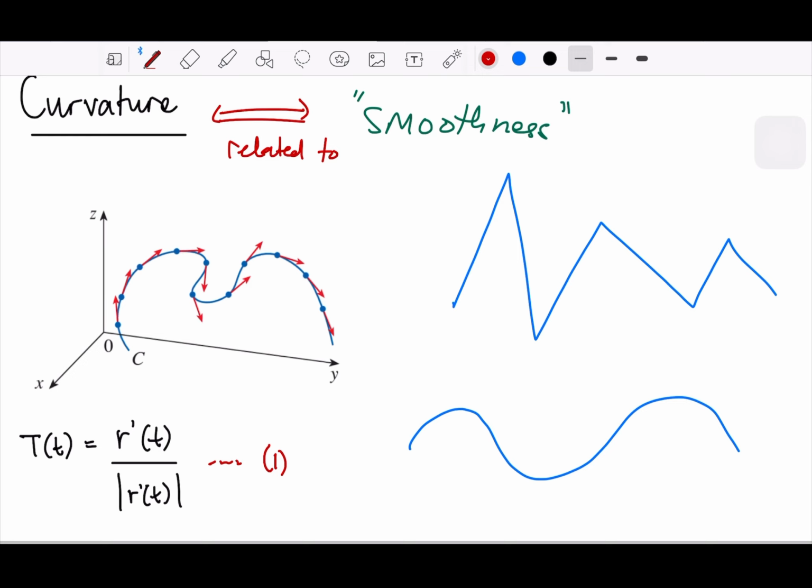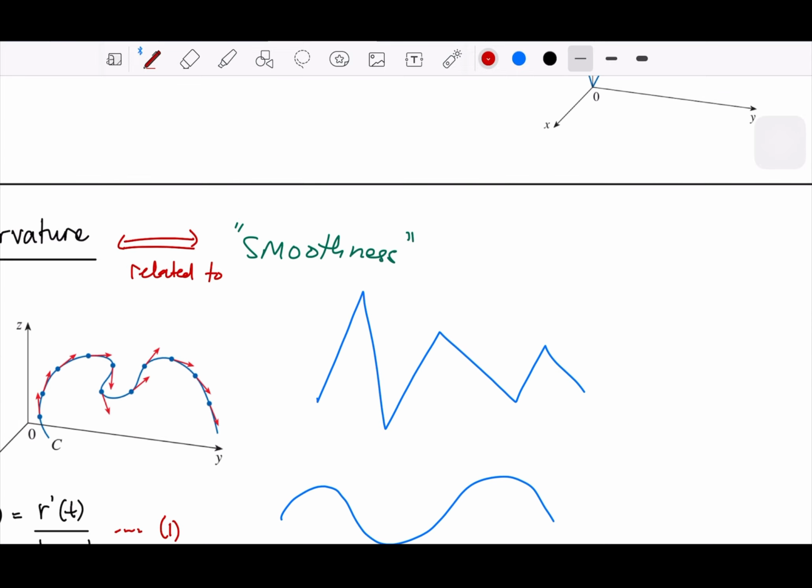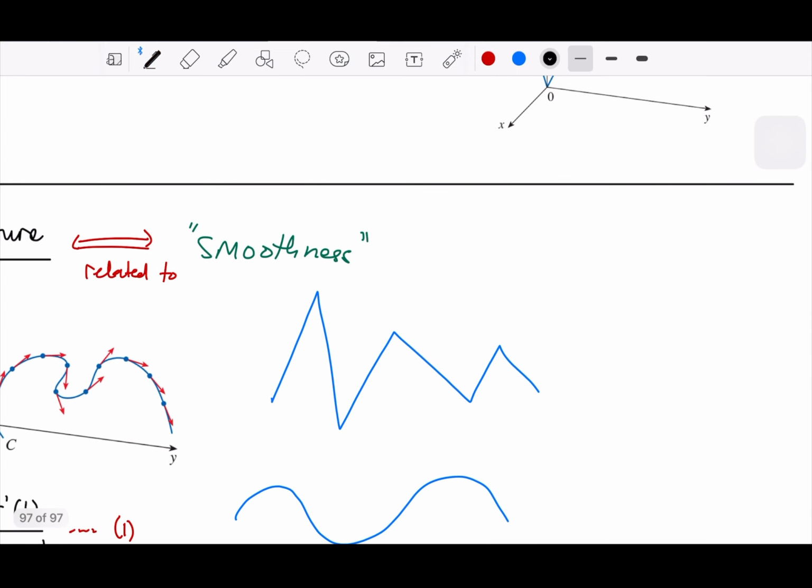Let me just write first. We are writing the curvature like this.